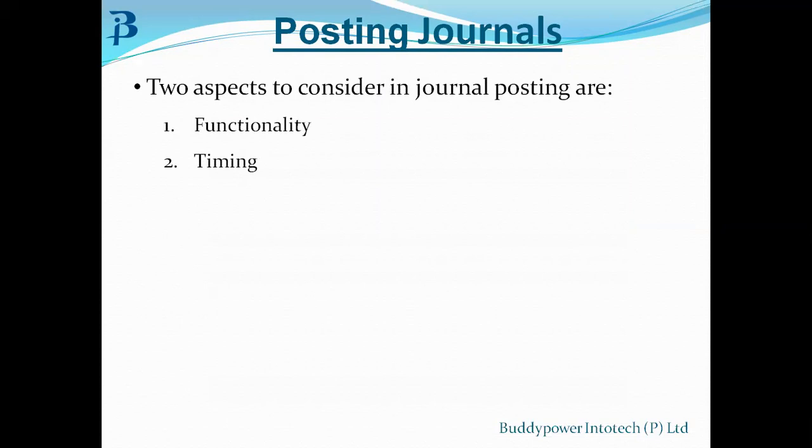So what is functionality? Posting is done from the journal pages by selecting journal entries and clicking the post button. Now you can automate your posting process by scheduling it to periodically select and post batches. You can start posting from the journal creation spreadsheet in Oracle Fusion.